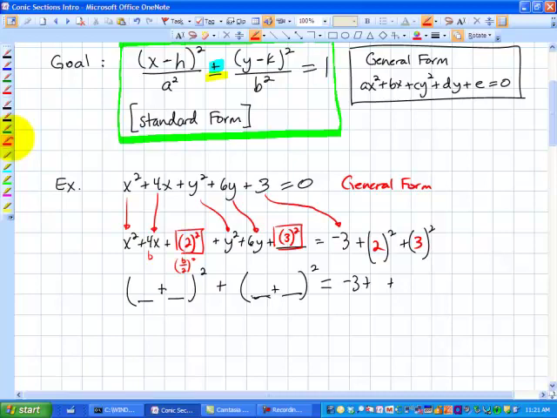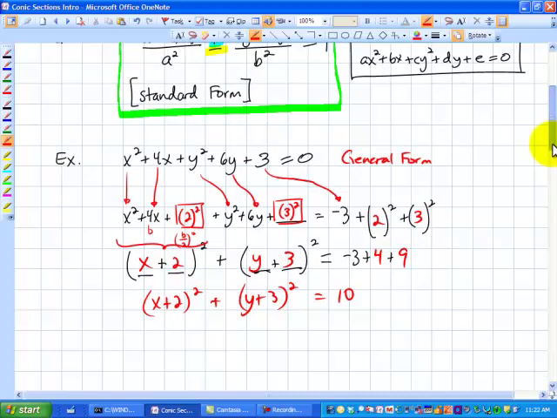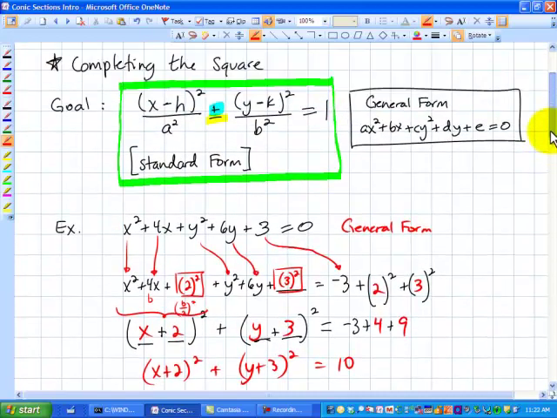And so then these three terms together give me x plus 2 quantity squared. These two give me y plus 3 quantity squared. And then I've got the 4 and the 9. So my final is x plus 2 quantity squared plus y plus 3 quantity squared equals, I believe that's a 10. Now that's not quite standard form.